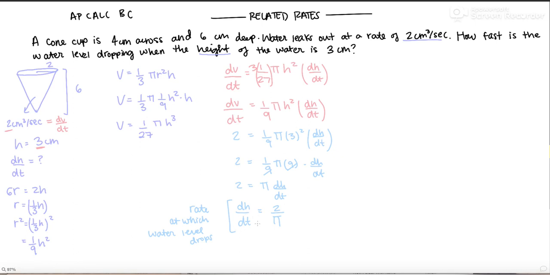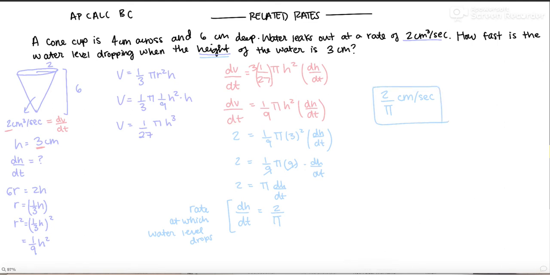Now remember, it's always over time. So our final answer is going to be 2 over pi, and then that's going to be centimeters over second, because since we're doing a height, that means it needs to be centimeters over second. So that is our final answer.